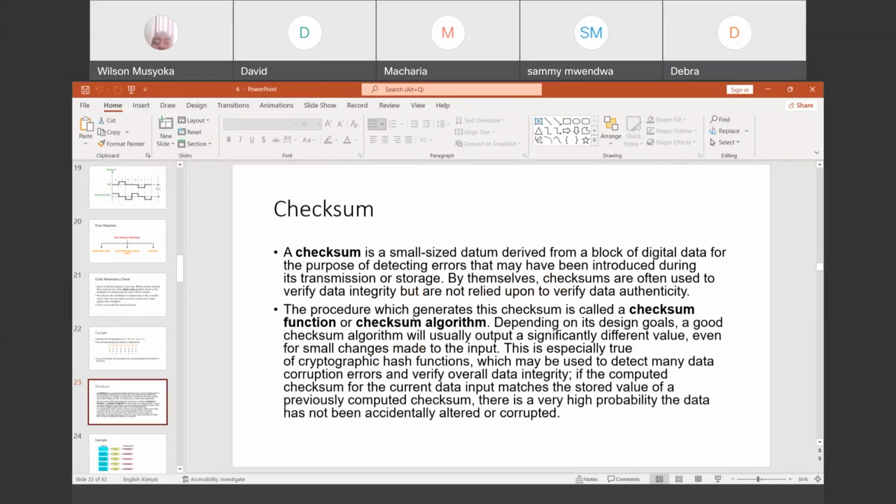It is going to have a checksum function by which this data can be checked. So depending on the design goals, a good checksum algorithm usually outputs a significantly different value, even for small changes made to the input. And this is very important so that when data has been corrupted, even if it is just part of it, it will be able to detect.